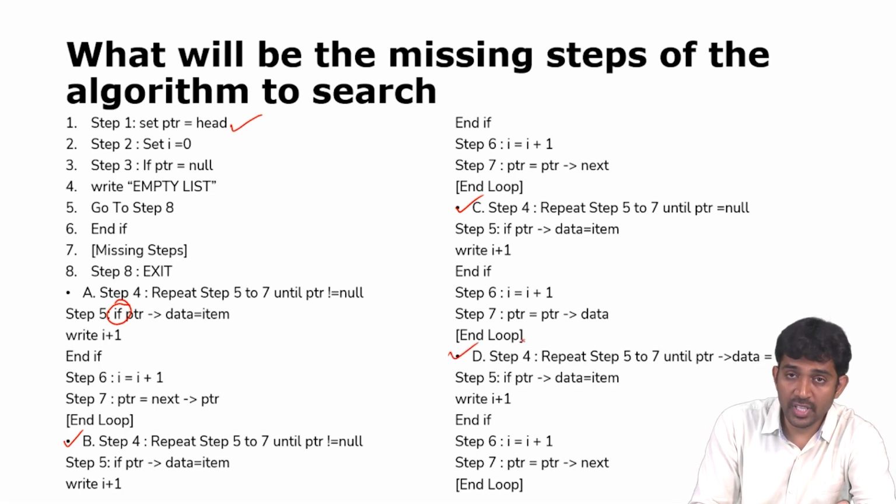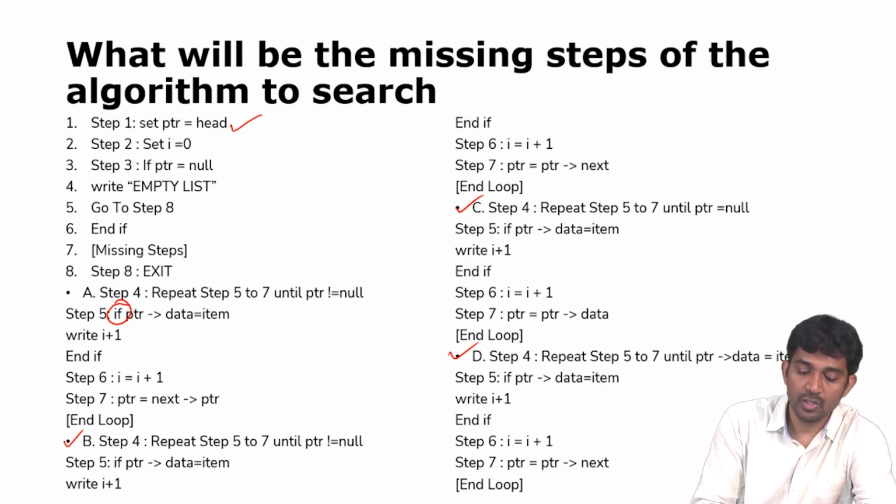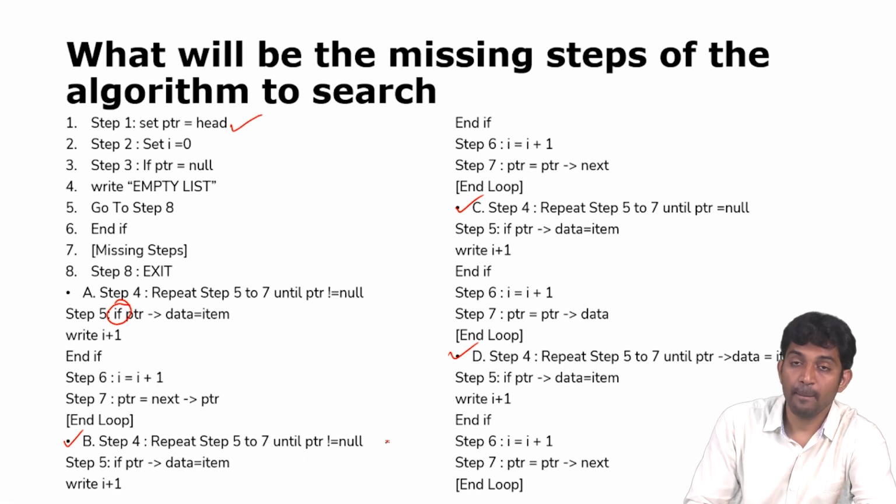So one answer might be among these 3 choices. See, coming to here, repeat step 5 to 7 until pointer is not equal to null, right? So repeat the 6 and 7 until pointer is null.